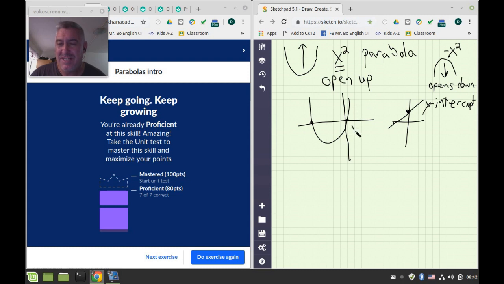So these, they cross the x-axis, we'll call it the x-intercepts, okay?